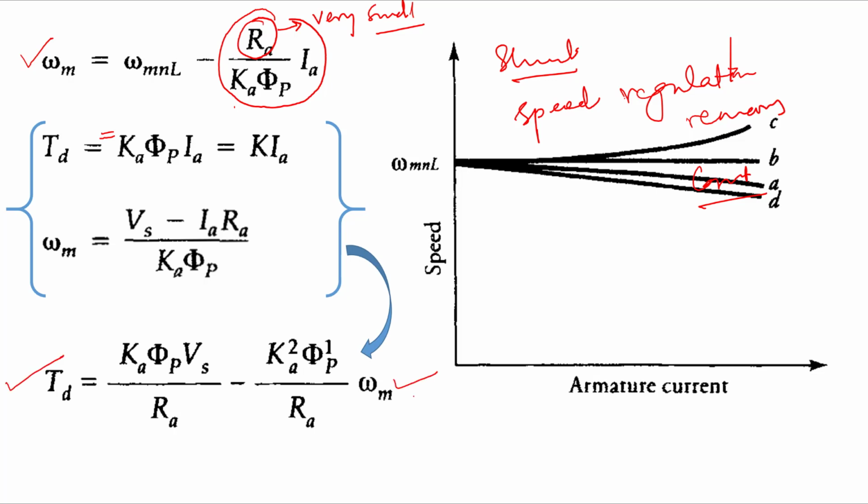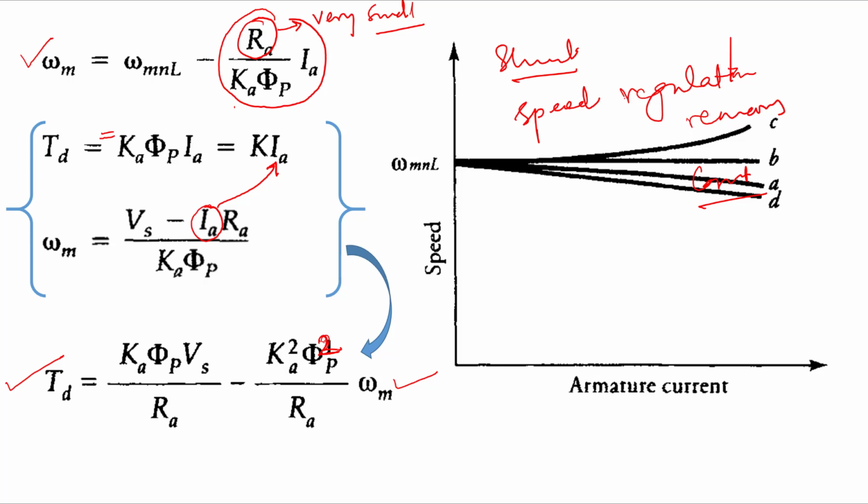Just by substituting, from the speed equation I can segregate current Ia, and if I substitute it in the torque equation, I'll find torque is equal to K phi p Vs by Ra minus K square phi p square by Ra into omega m, okay.